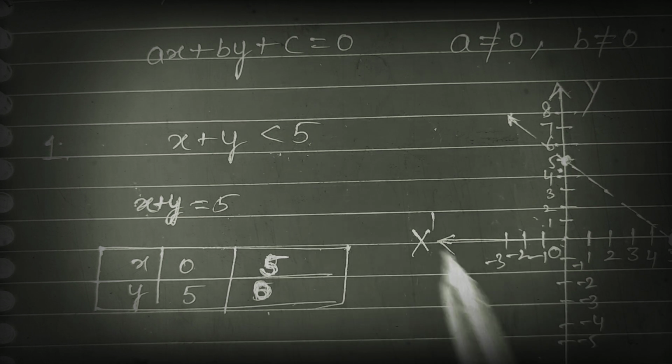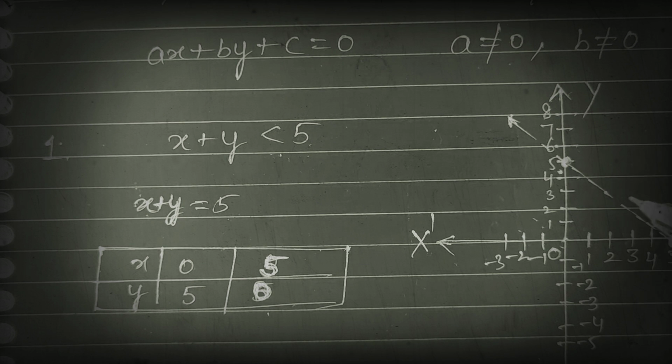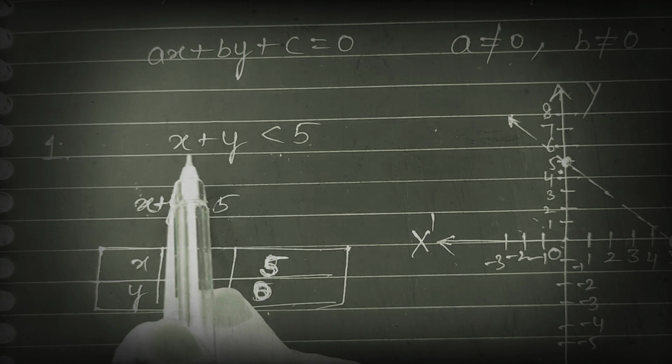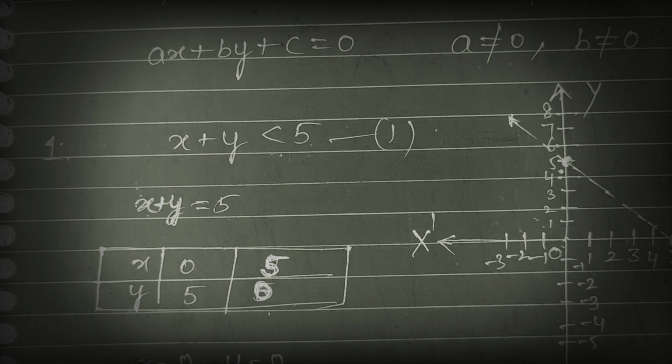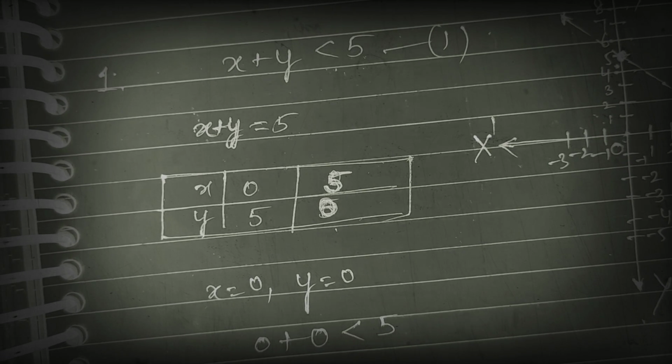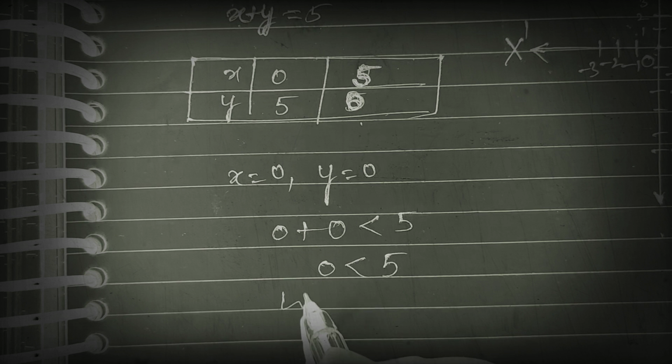If it does not satisfy this, then the shaded region is away from the origin. It means the opposite side. So I am putting x is equal to 0 and y is equal to 0 in this inequation. So 0 plus 0 is less than 5. Is it true? It satisfies, which is true.